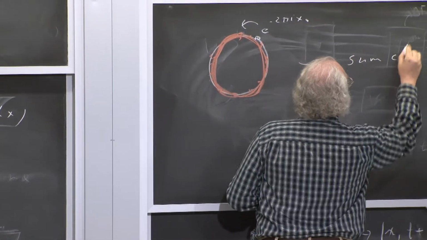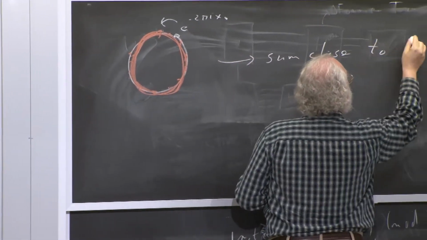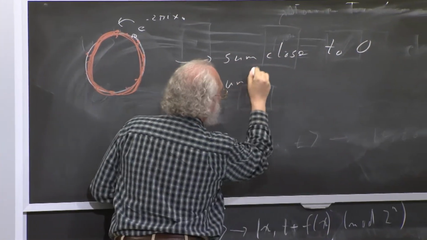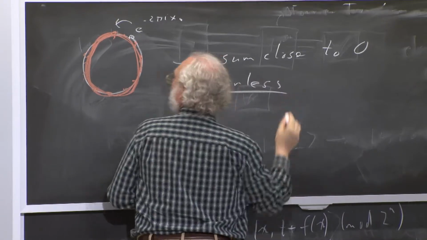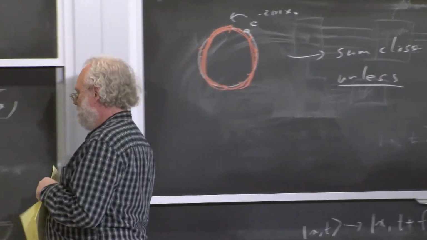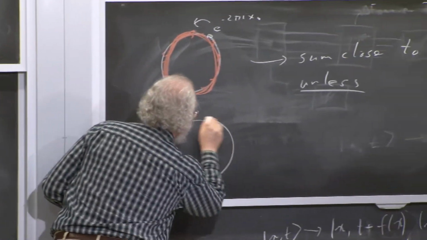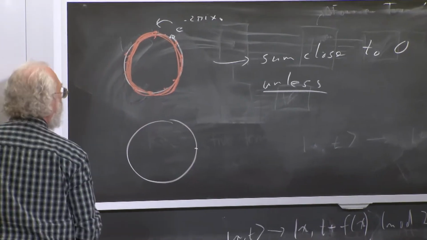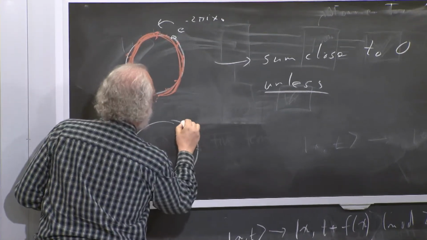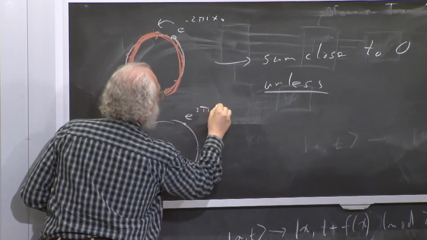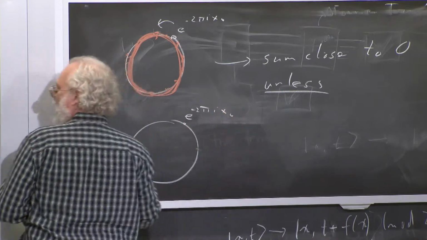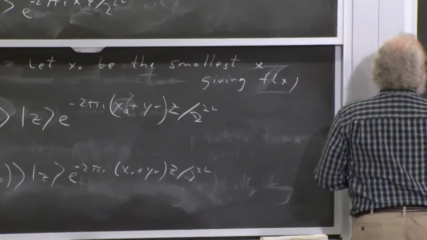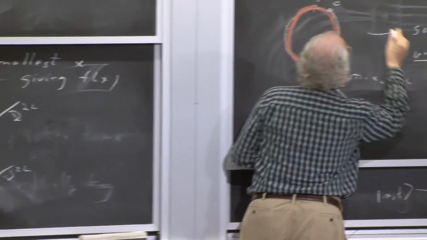Some close to 0, unless... what happens is, here was e to the 2 pi i x0. I should divide by 2 to the 2L.